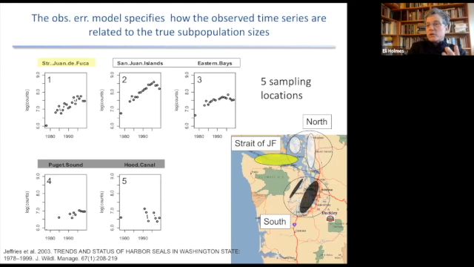So now we're going to look at how these observation sites map onto the subpopulations. There's no sort of law about how those would map onto those subpopulations.